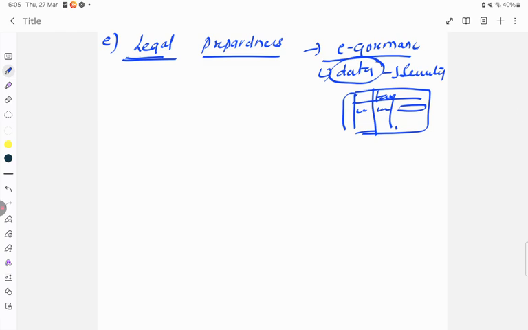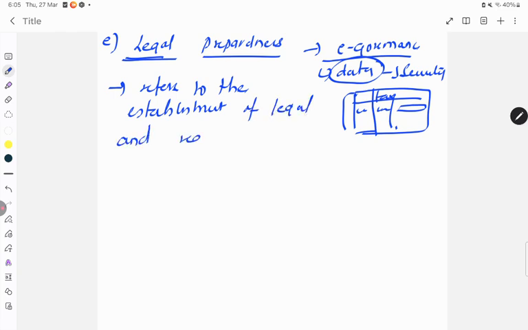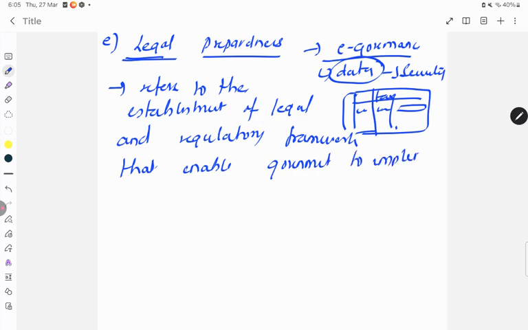So what is legal preparedness in e-governance? Let us talk about the definition. It refers to the establishment of legal and regulatory framework that enables government to implement and manage digital governance efficiently.